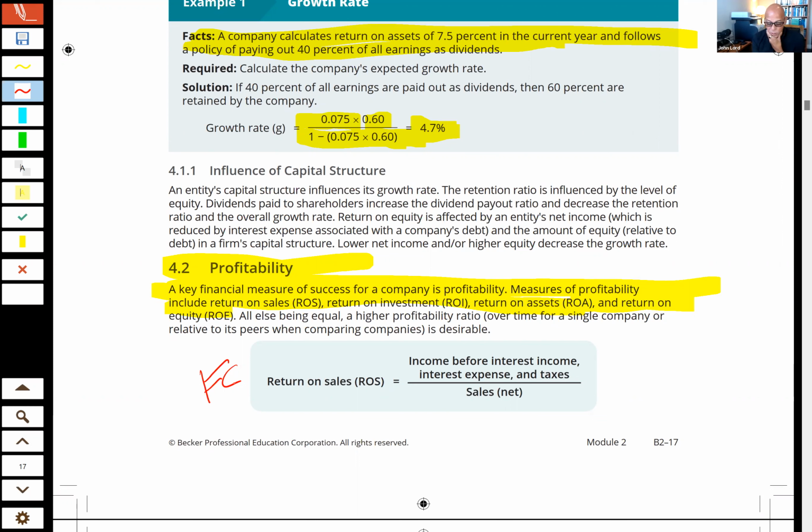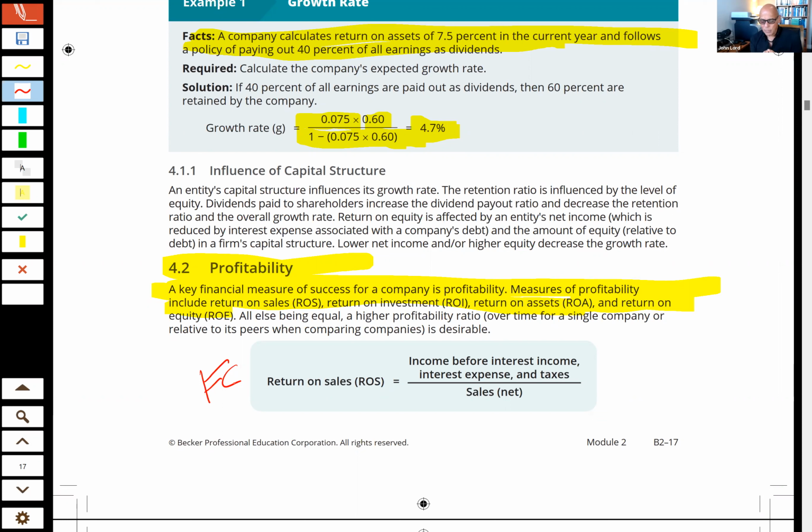So you may get the net income number, and then you'd have to know that you have to add back the interest, net of the interest. Well, I don't know, it depends. You could have to subtract or add. It depends on whether your interest expense is more or less than your interest income. And then, of course, you would have to add back the taxes, and that would give you the income before interest income, interest expense, and taxes.